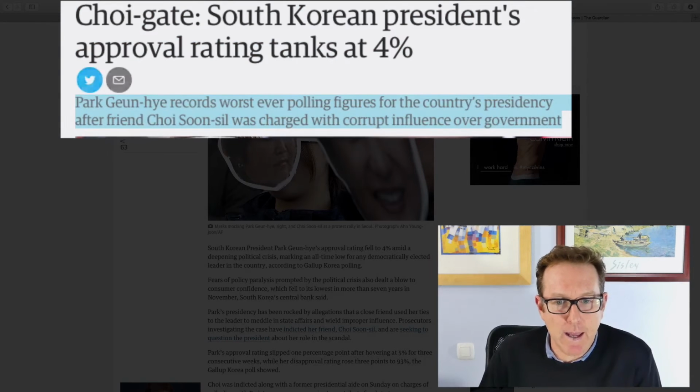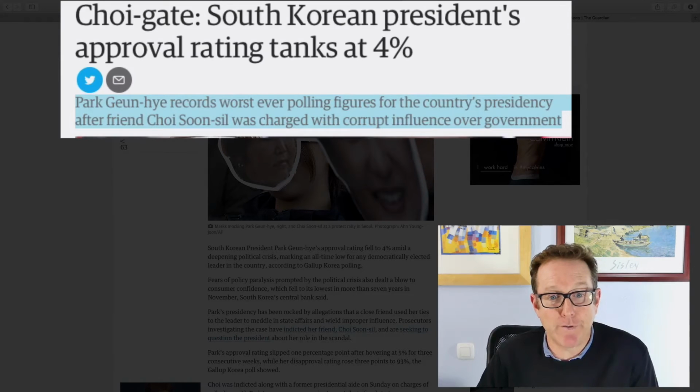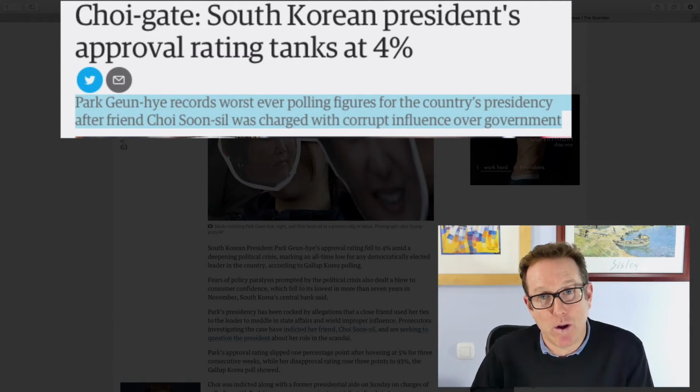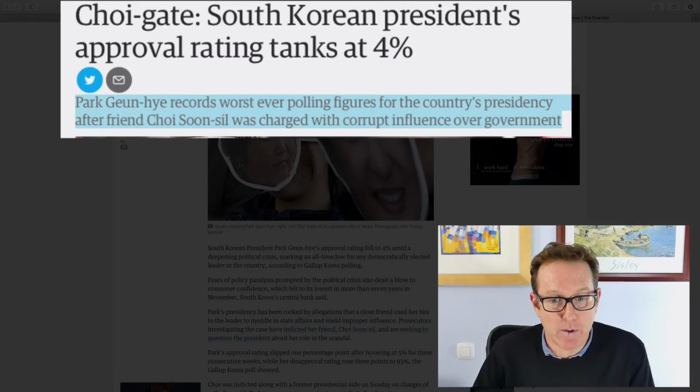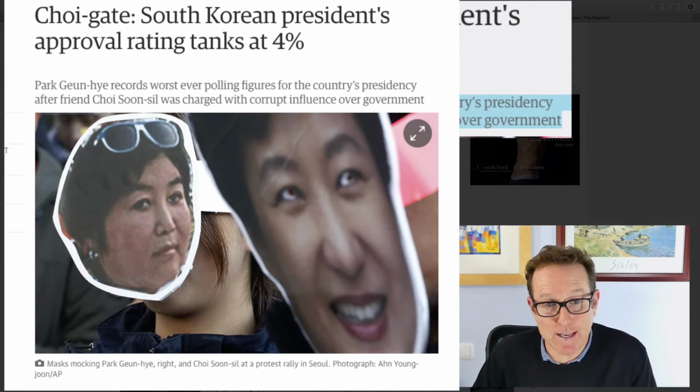Park Geun-hye records worst ever polling figures for the country's presidency after friend Choi Soon-sil was charged with corrupt influence over government. So a political scandal involving the presidency of South Korea, and one of her colleagues who happens to be the woman here in the picture, as we can see.